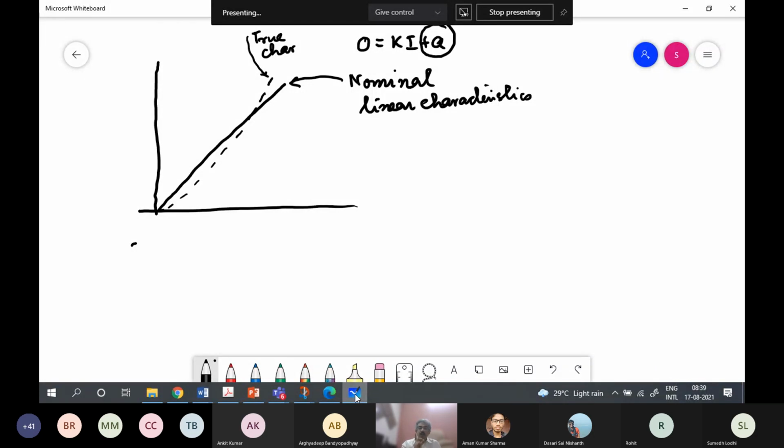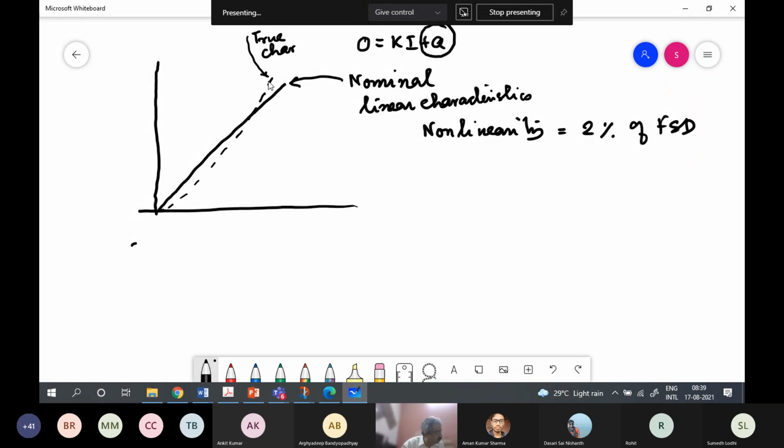So if I give a nonlinearity characteristic saying that, let us say, the nonlinearity is 2% of FSD, full scale deflection, then this is full scale deflection.